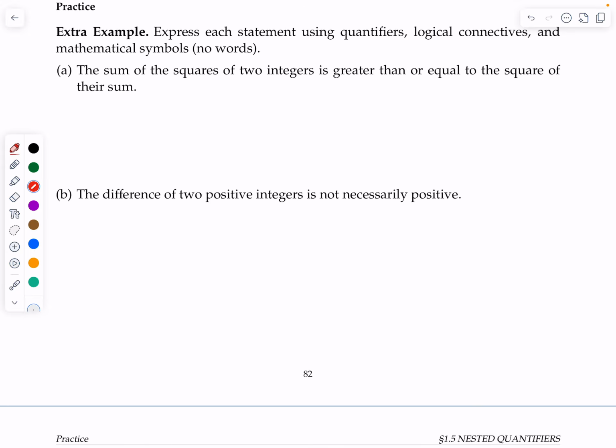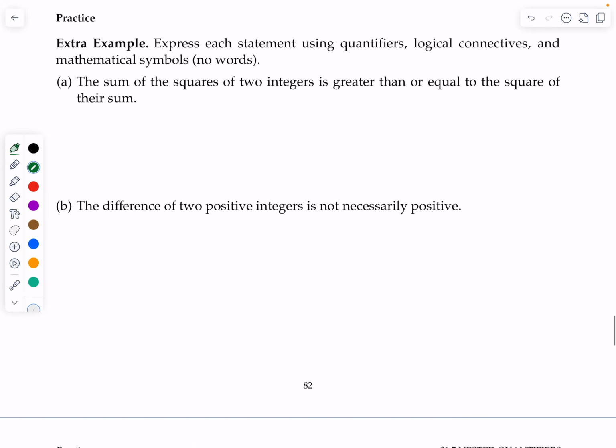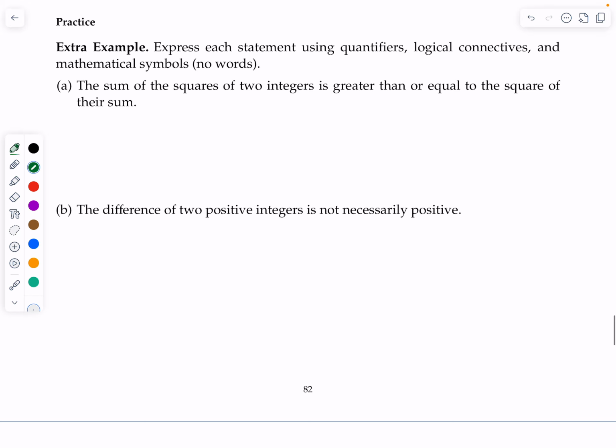Okay, I want to write this with quantifiers, logical connectives, and mathematical symbols. The sum of the squares of two integers is greater than or equal to the square of their sum. So for every integer, I'm just going to do it this way, x and y.